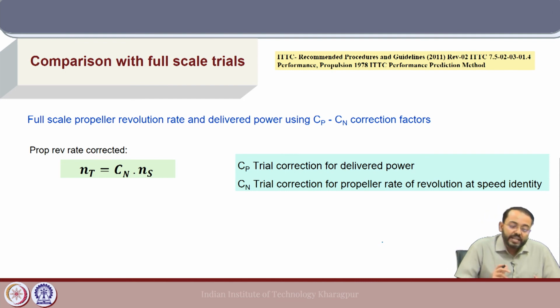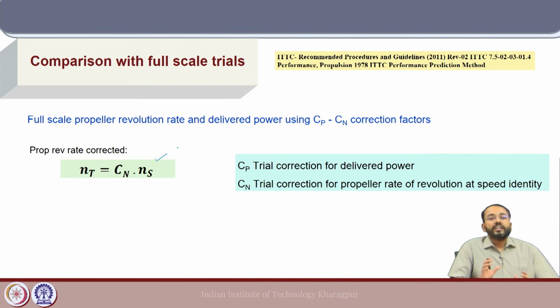So, we have seen that in the powering performance extrapolation we have calculated the revolution rate of the propeller in the full scale, which was ns, which is the value that is obtained from the model test after extrapolation.